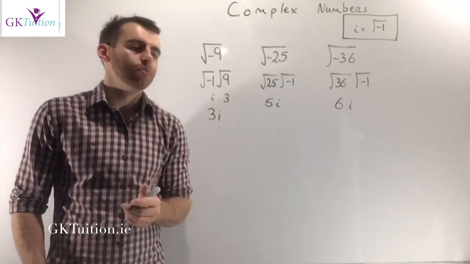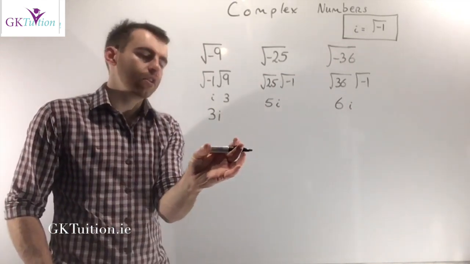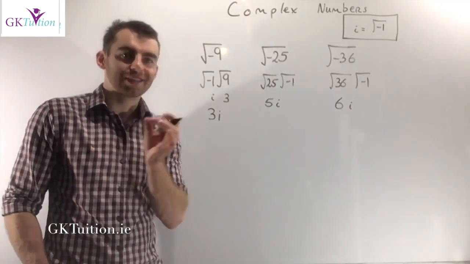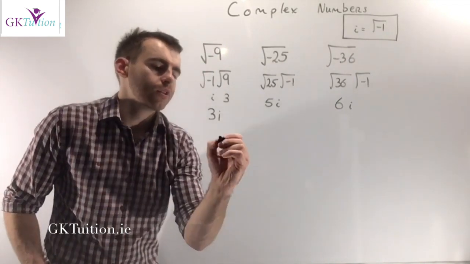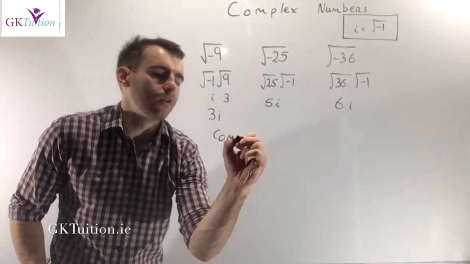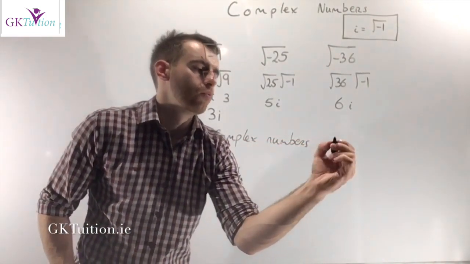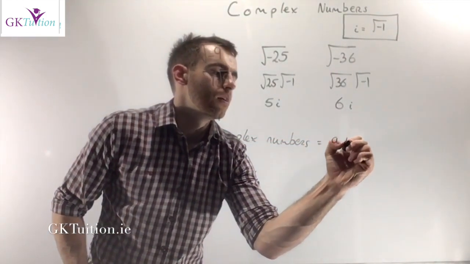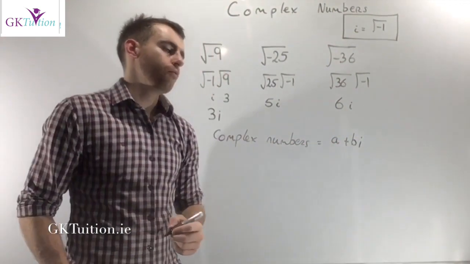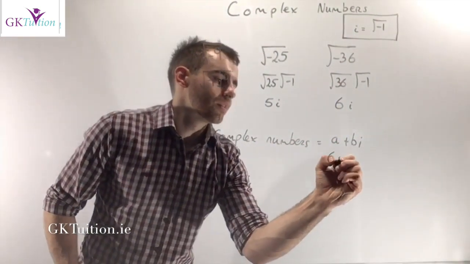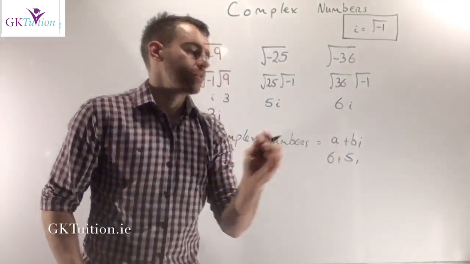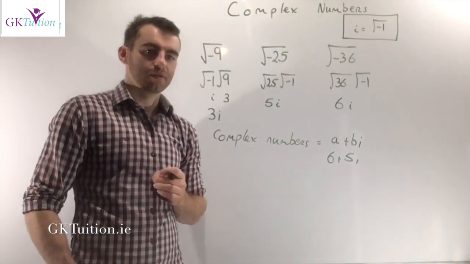So complex numbers usually contain a real element and an imaginary element. So let me give you an example of complex numbers. Most complex numbers can be written in the form of a plus bi. For example, 6 plus 5i. 6 plus 5i is a complex number.